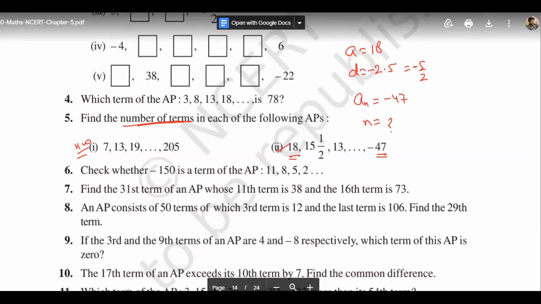Sir, 27. 27 is the value for this number. Okay, let me check.